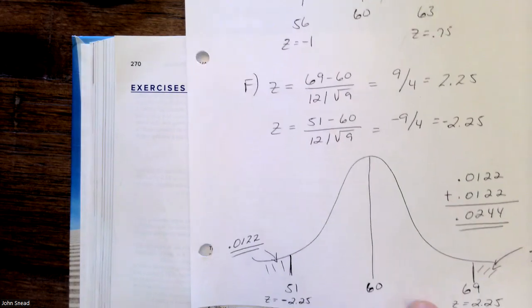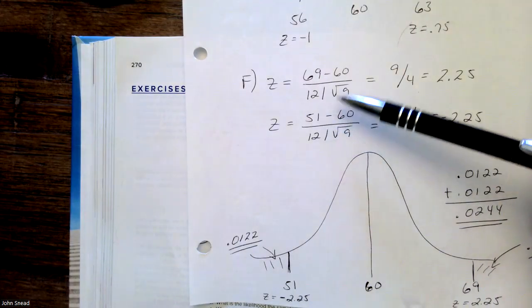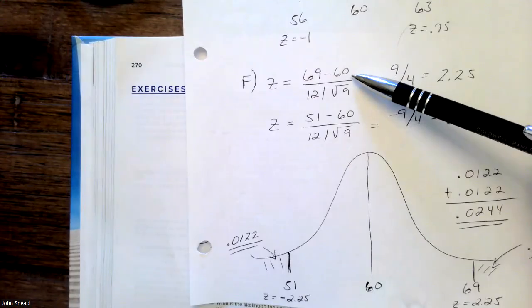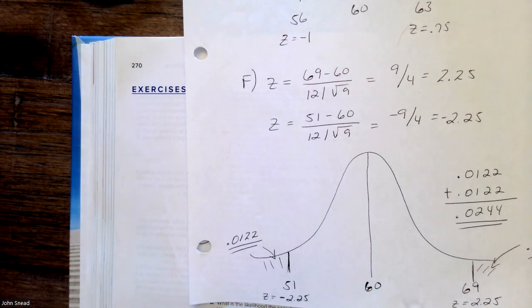And we see that over here, 2.25. 51, instead of being 9 above 60, is 9 below 60. So we're going to have a -2.25. So we're going to look down here, this z-value of -2.25.